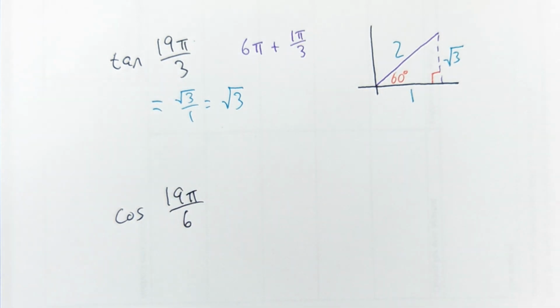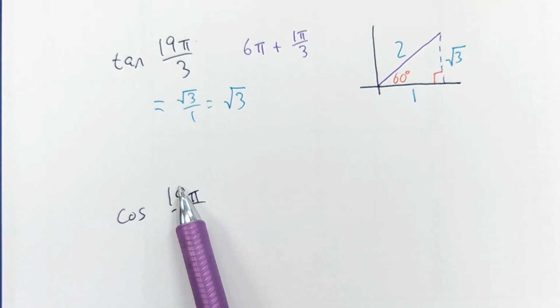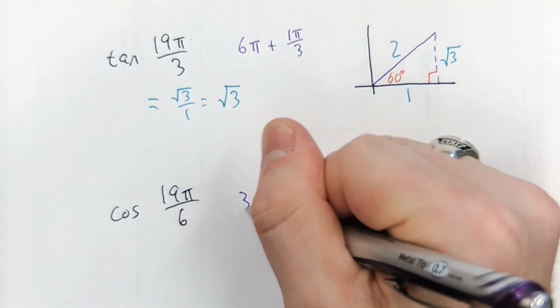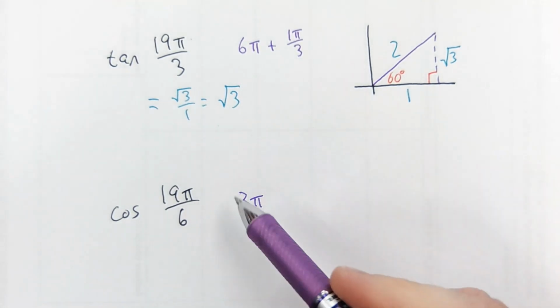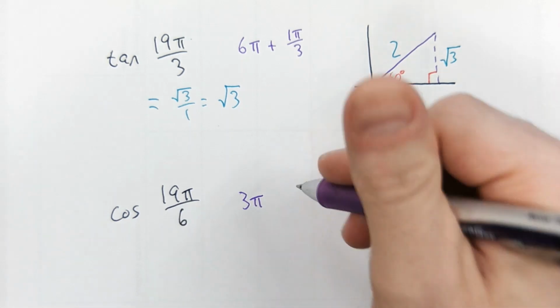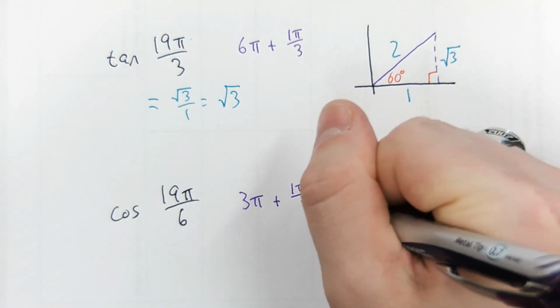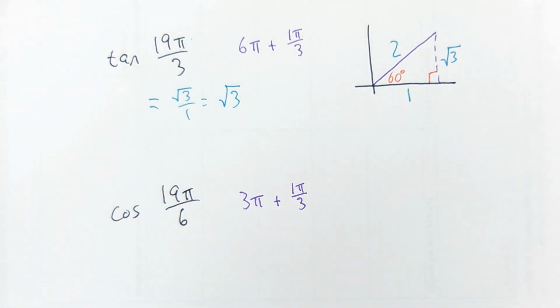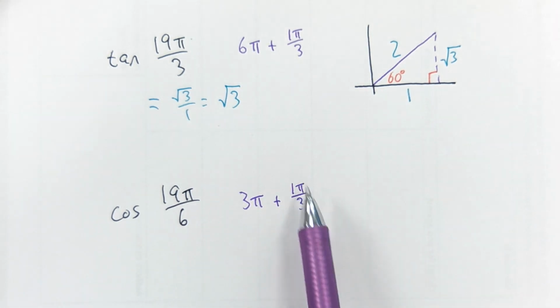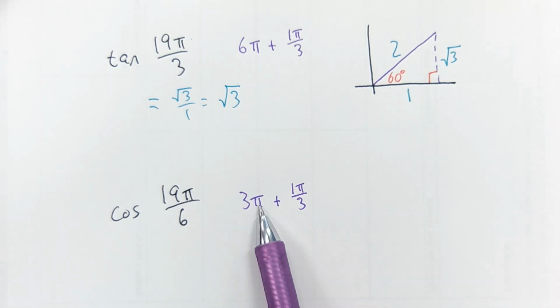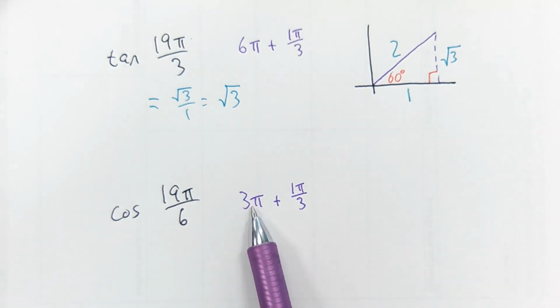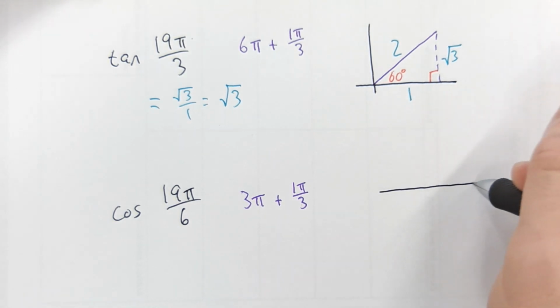Well, 19 divided by 6 is 3, but just like before, 3 times 6 is 18 with a remainder of 1. Be careful though. This is a pi over 6 after 3 pi. Oh, 3 pi is the negative x-axis. So I'm after the negative x-axis. That puts me in quadrant 3.